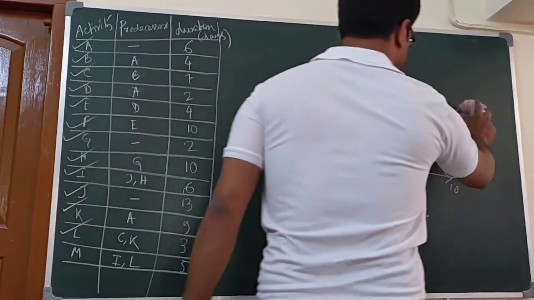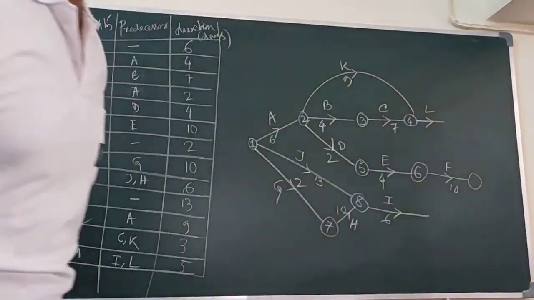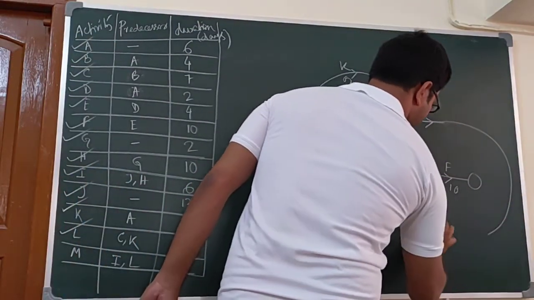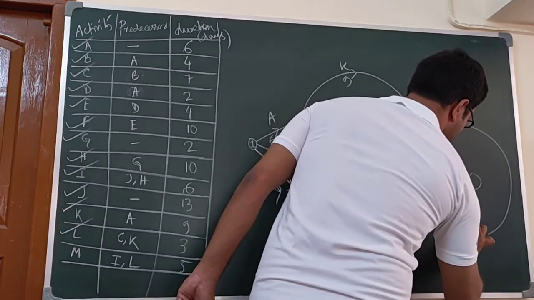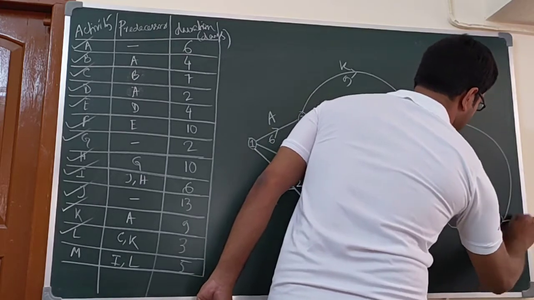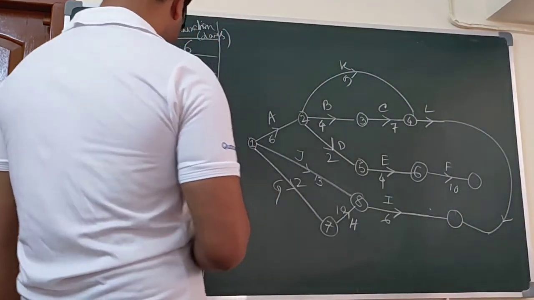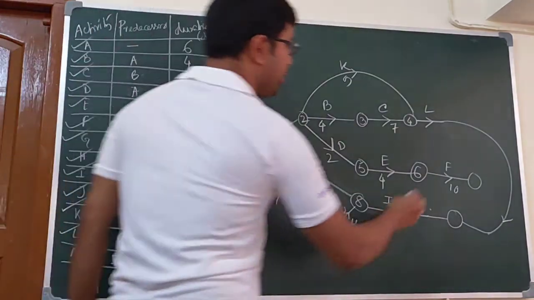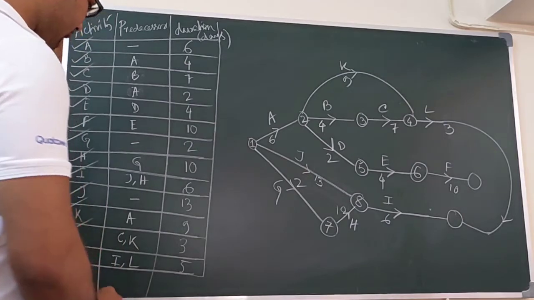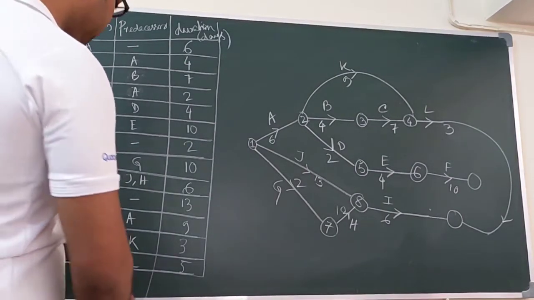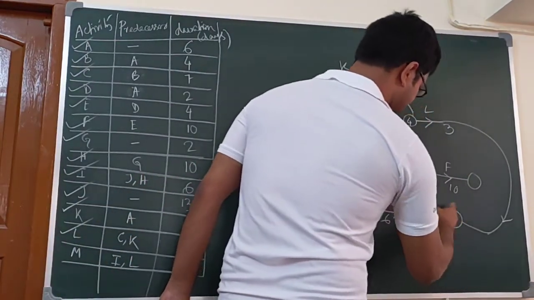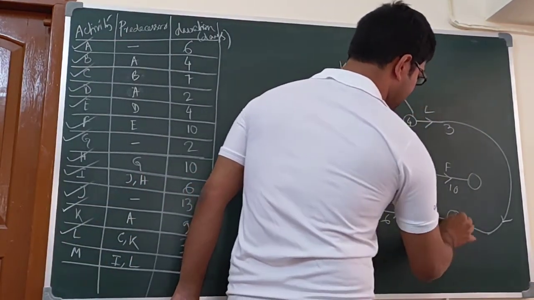So this is L, its duration is 3, and I is 6. N comes from both I and L. So this is the join point.